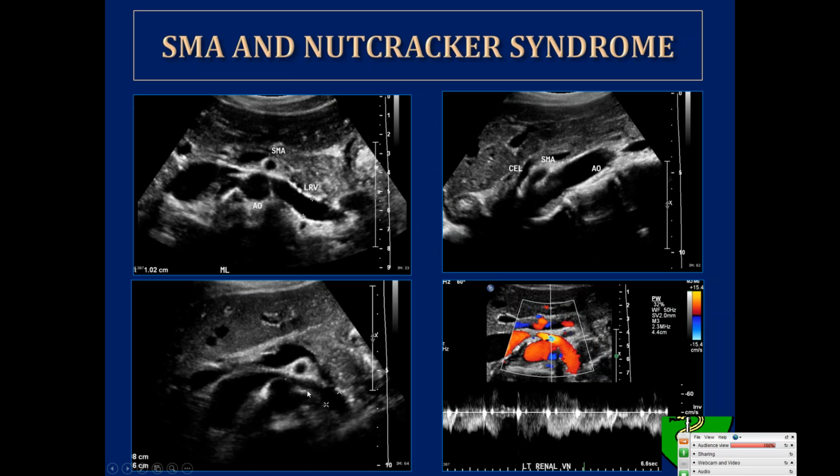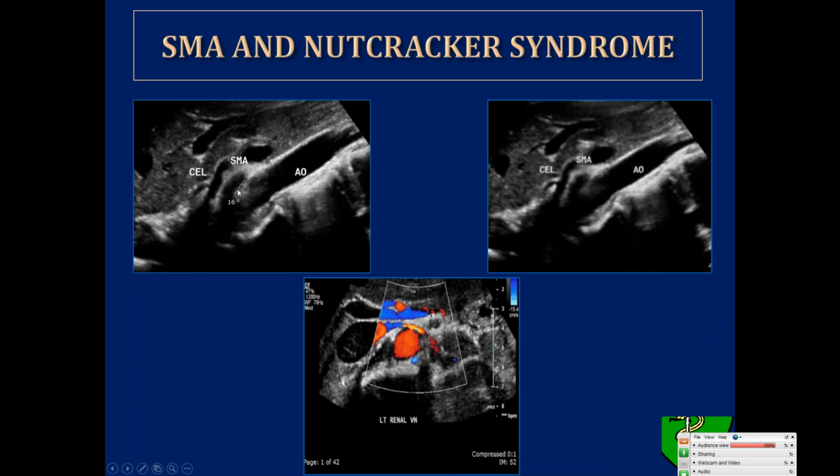This diagnosis can really be made well using ultrasound, because we can detect abnormally elevated peak velocities within the vein, and also aliasing in this region. And we can also assess how the SMA takes off acutely from the aorta and has a very small angle between the takeoff of the SMA and the aorta, which would be diagnostic.